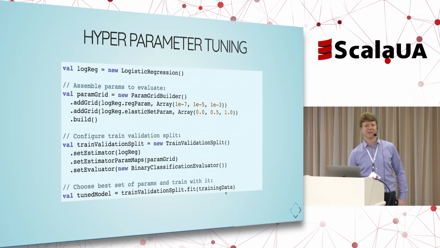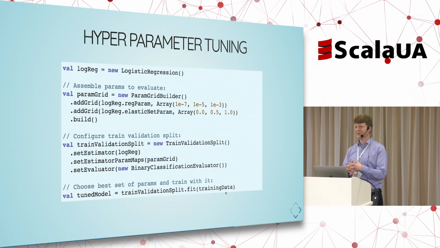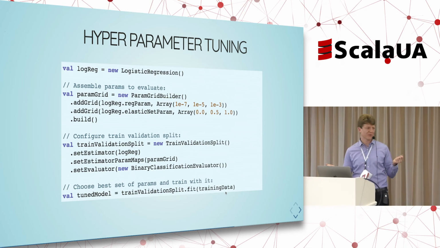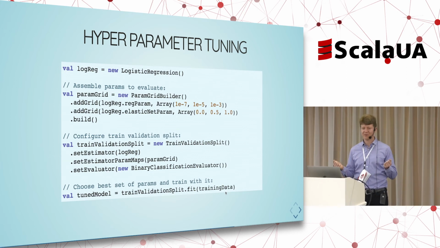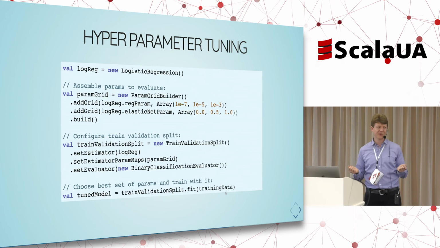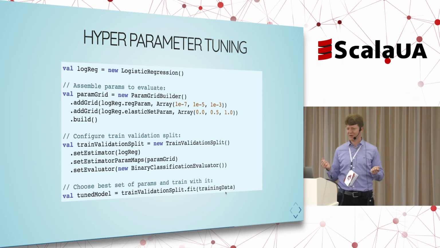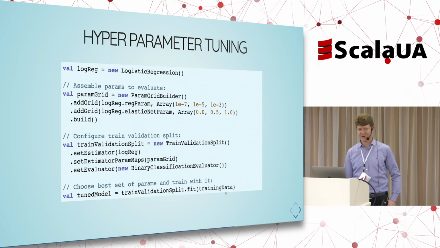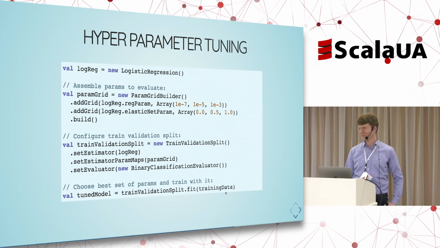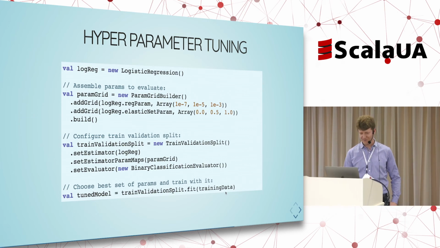Another thing you can do using exactly this TrainValidationSplit class is hyperparameter tuning. Usually when you work with machine learning, your algorithms have some hyperparameters, and only in the rarest cases, I think, will the default values of these hyperparameters be the best values for your problem.